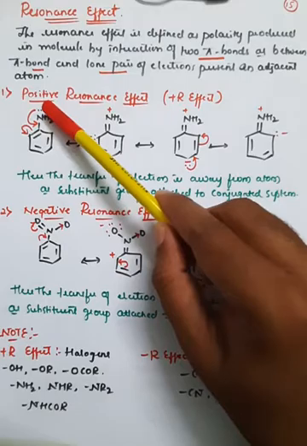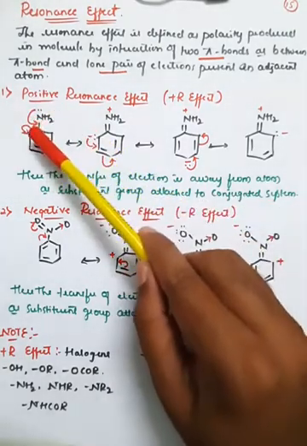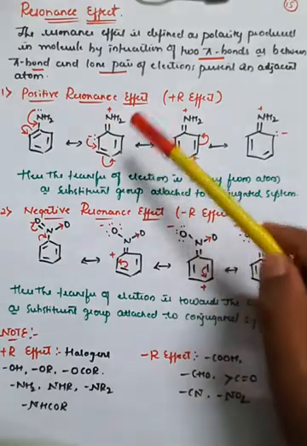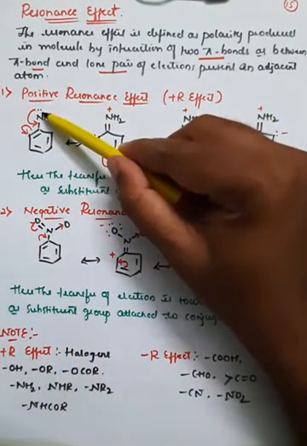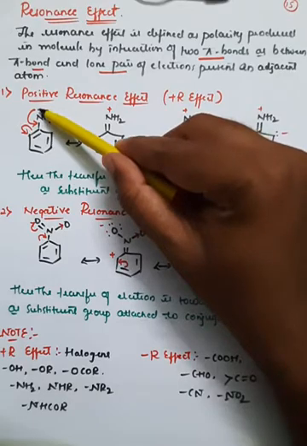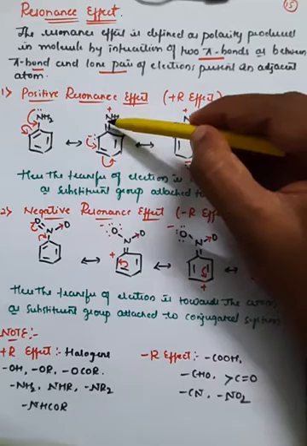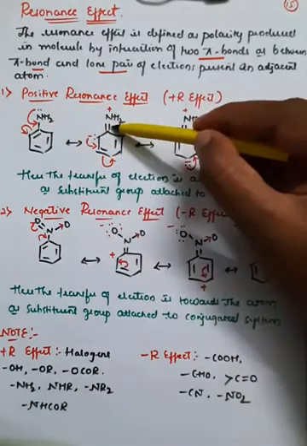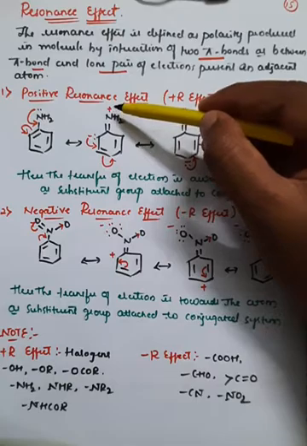Observe carefully here: the nitrogen has a lone pair of electrons. Whenever this lone pair shifts to the bond between carbon and nitrogen, this single bond converts into a double bond, and there is a possibility of a positive charge on the nitrogen atom.